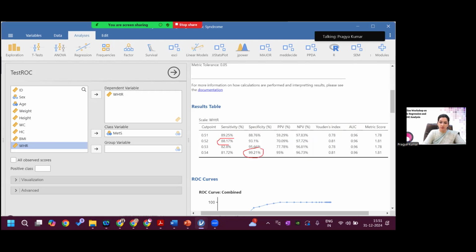Now you will have to use your judgment. If you want it as a screening test, then I will go with the 0.52 cutoff. Why? Because here the sensitivity is more, and I want this test to be more sensitive rather than specific. So I will go with 0.52, and this you can write, because Youden index is also having a tie.